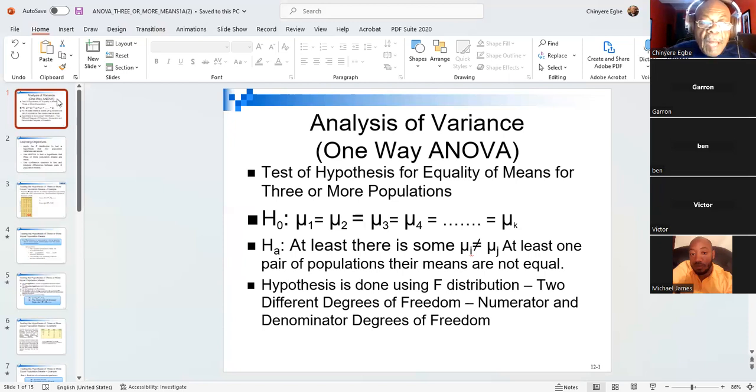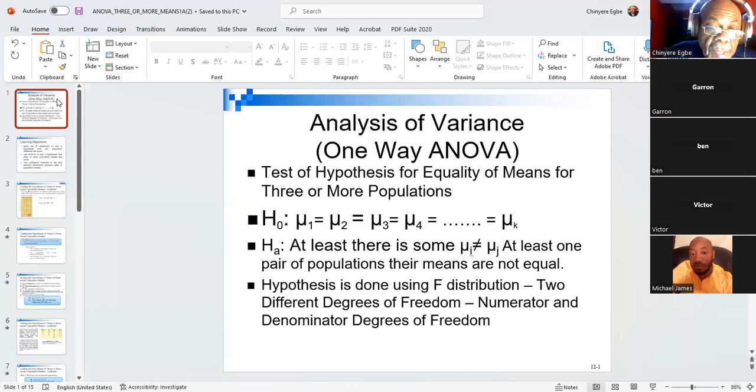Okay, but this time now you are testing the equality of means for 3 or more populations. You're testing the null hypothesis for 3 or more populations, in which case, let us say that in this neighborhood, we have 3 kinds of houses. Okay, we have ranch houses, we have Victorian design, we have colonial design.